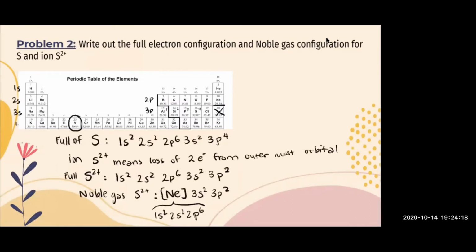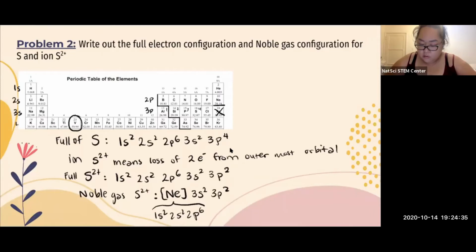Excuse me, can you explain the second one? Does it mean loss of 2 electrons from the other orbital or from the outermost orbital? I don't understand this one. We'll explain the atomic orbitals in the next part, but basically, your s orbital is your innermost orbital.